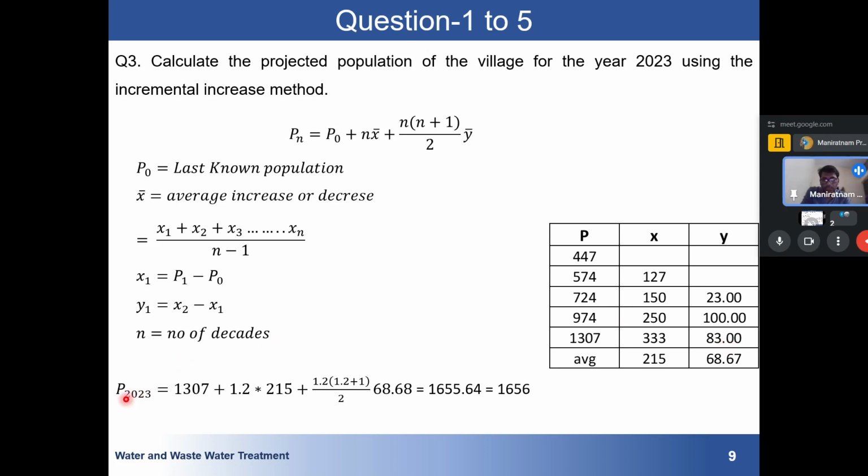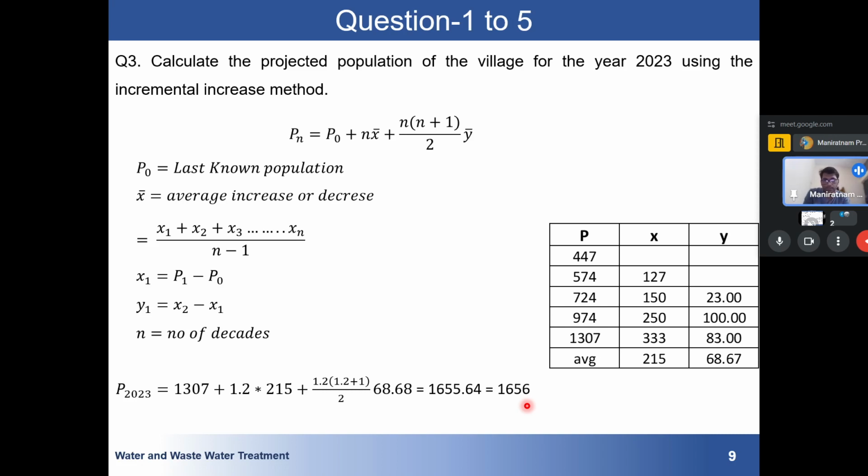So you can calculate the population in 2023, that is the last known population plus 1.2 into 215, by substituting in the formula and taking the average, and you can report your answer as 1656. In your BTech study and in the GATE examination, people ask questions related to these things only.